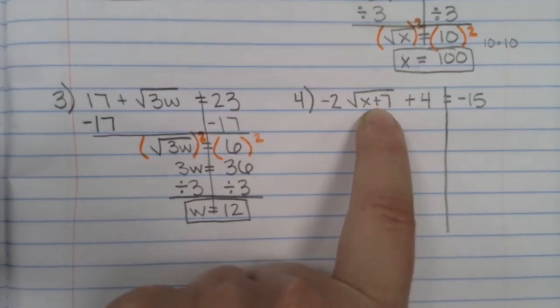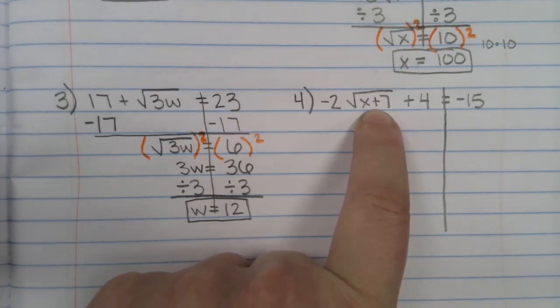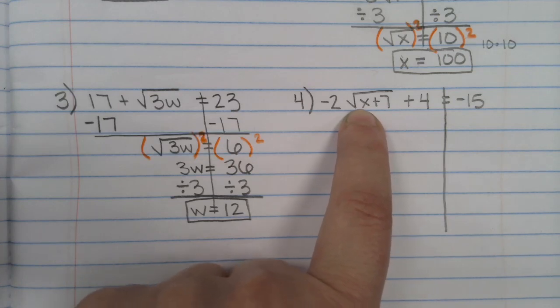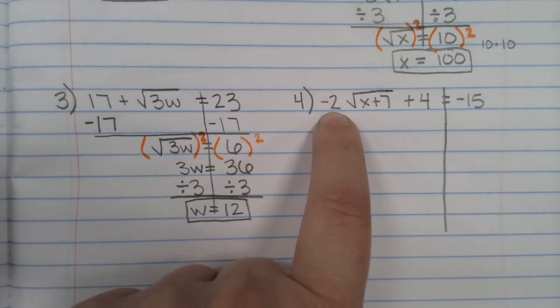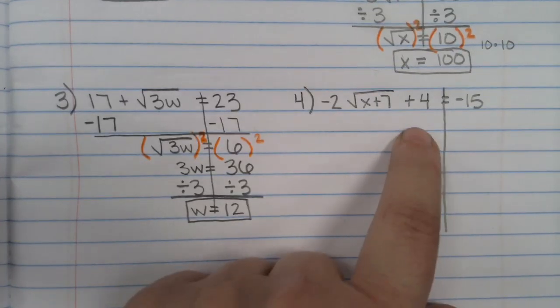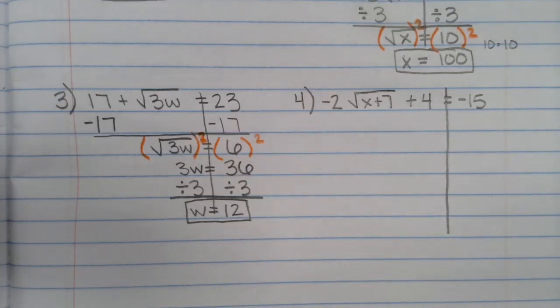Then kind of who's the best friend? If we're going to undo this, the X and 7 are together the longest. Then if we keep working our way out, it would be the square root. And then the person that's kind of our friend is negative 2. And then the one that's really not our friend, and we're like, you're just kind of here, is the plus 4. So we're going to undo the plus 4 first, because that's the one that's kind of the furthest away.